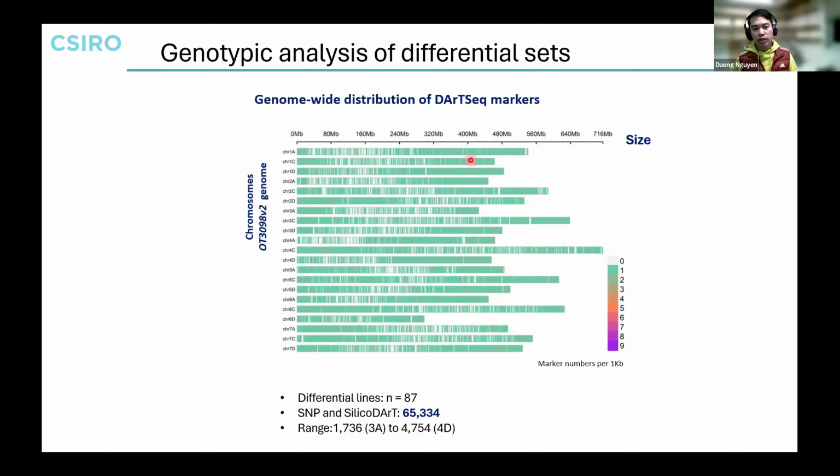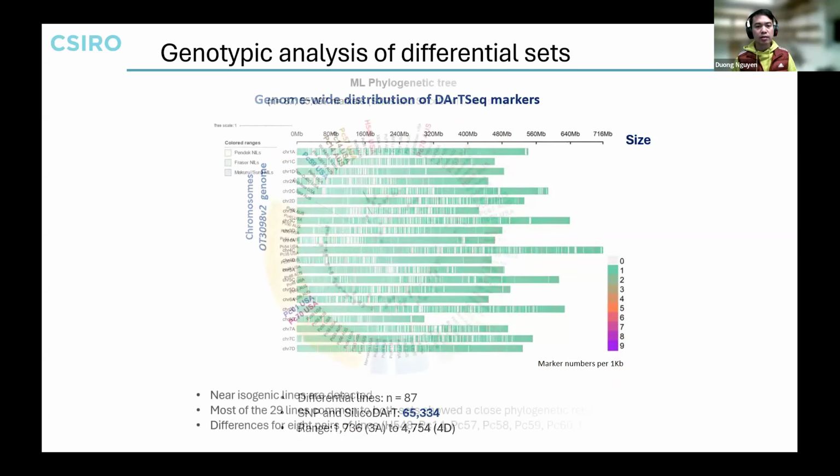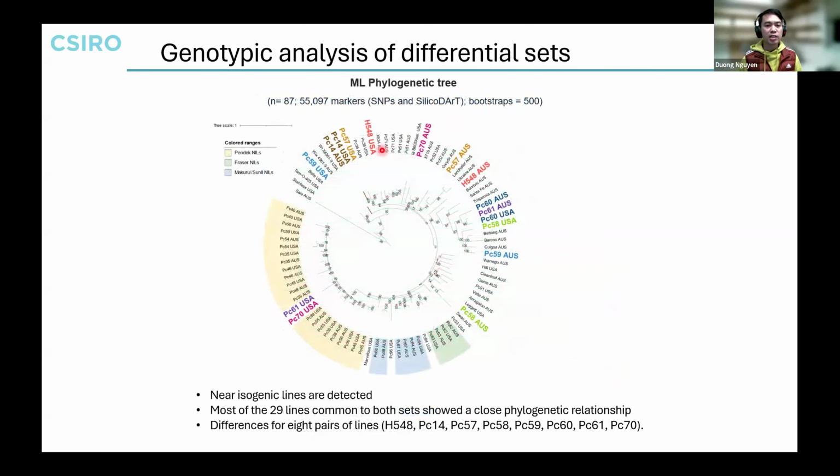The color coding is based on the marker number per kilobase, and we identified a good number of markers distributed across all the chromosomes. With this good set of markers, we generated a maximum likelihood phylogenetic tree, and based on this tree, we can look at the genetic relationships between the different lines in the set.